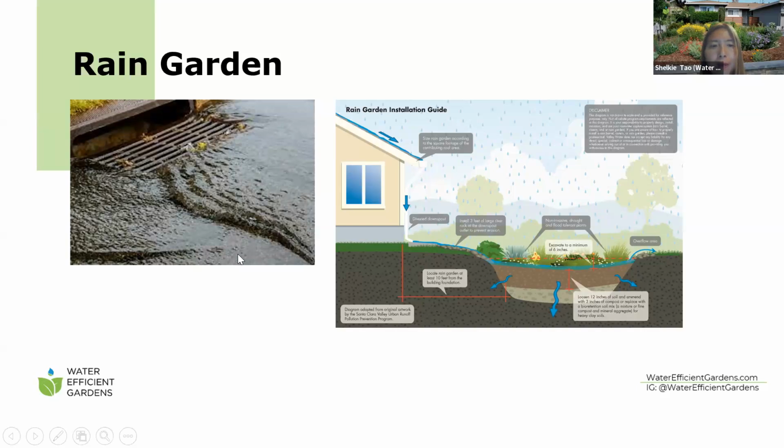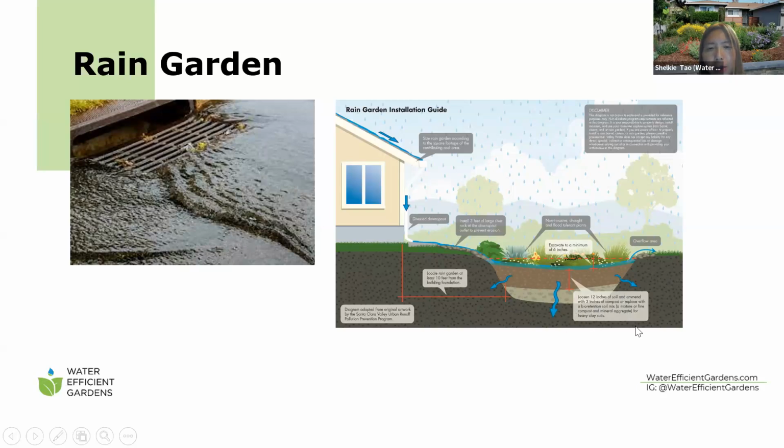Sometimes it will even become a flash flood hazard and do a lot of damage. But if we can capture all that rainwater with a rain garden, the threat will be greatly reduced.